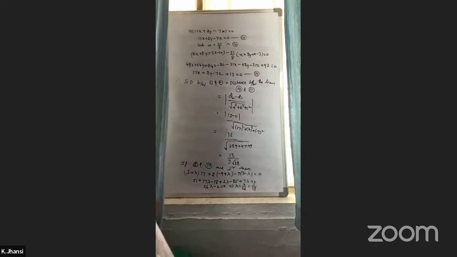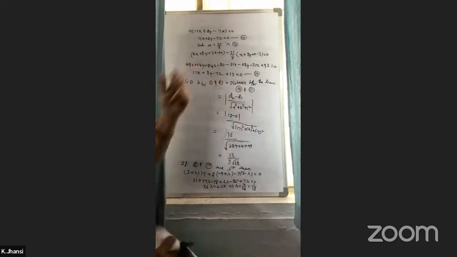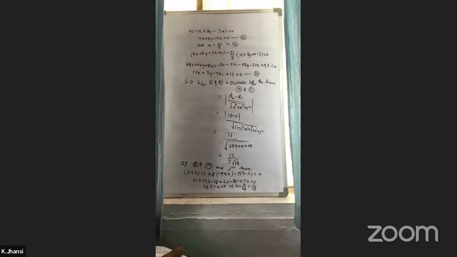And similarly, line 4 and line 11, you can take either 11 or any one, are perpendicular.